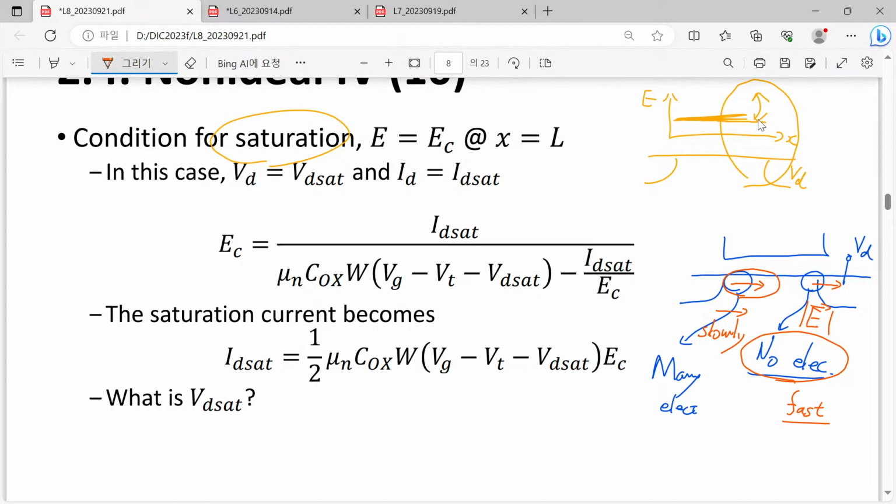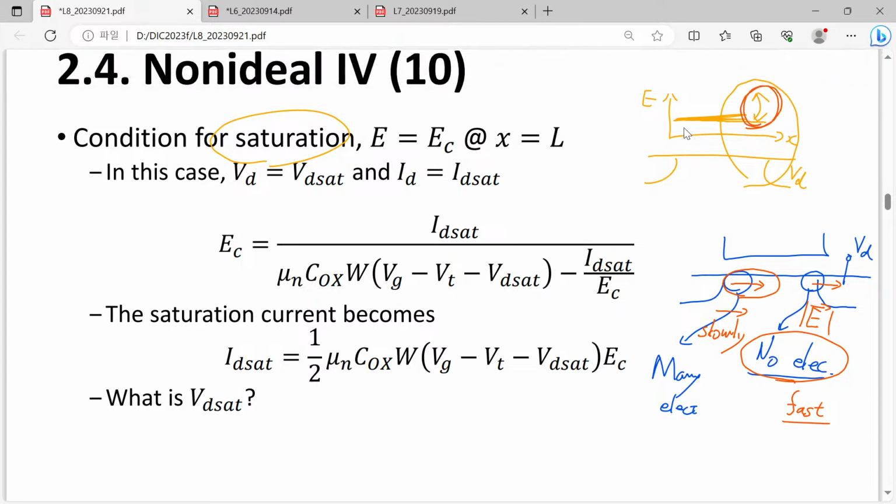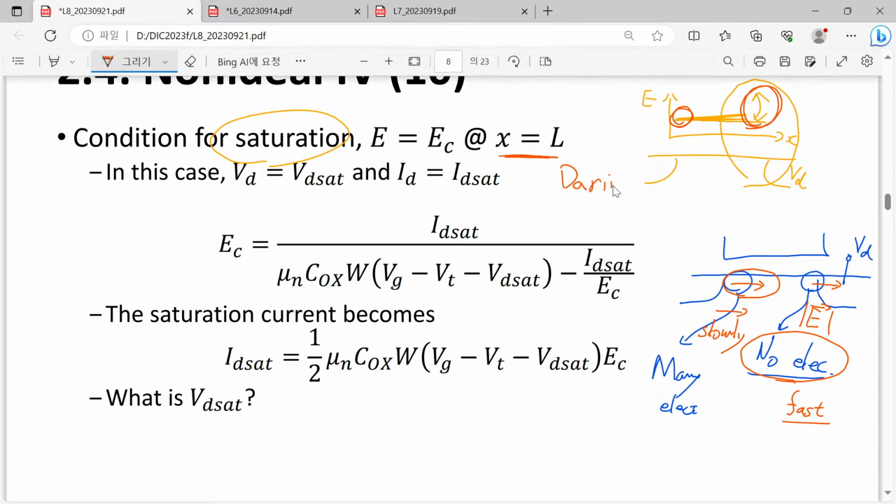So simply you can understand at drain side the electric field is higher than the electric field at source side. So if I ask you, where can you find the maximum electric field along the channel in the lateral direction, then your answer should be what? We can find the maximum lateral electric field at the drain end of our channel.